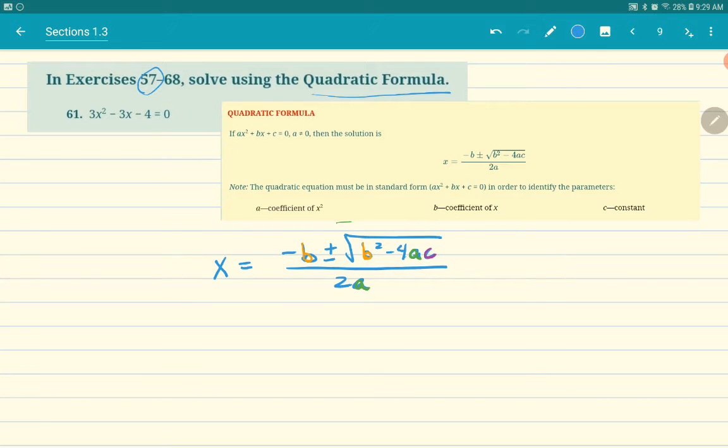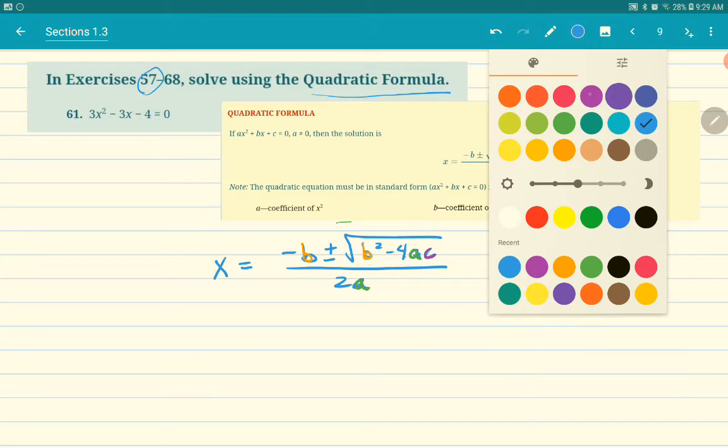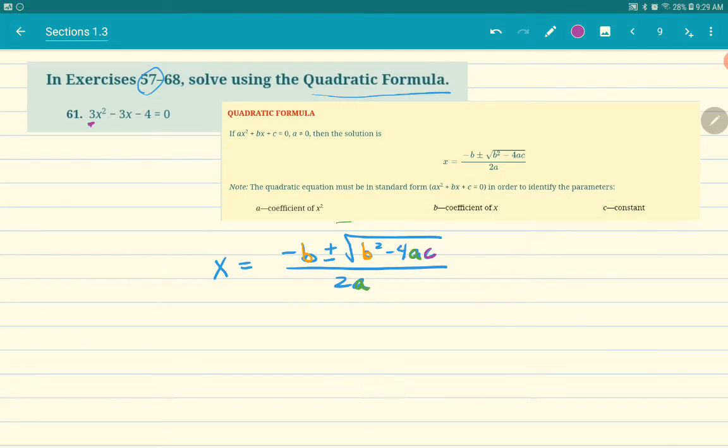So what we need to do is identify the a, the b, and the c and plug them into this ugly formula. Our a in purple is the coefficient of x squared. So that is equal to 3.